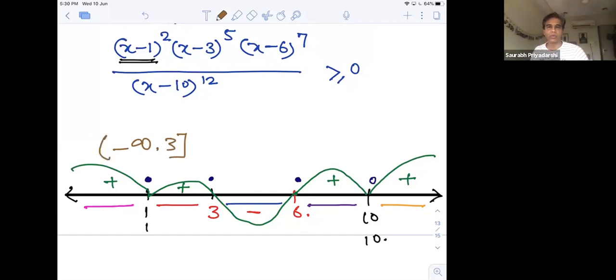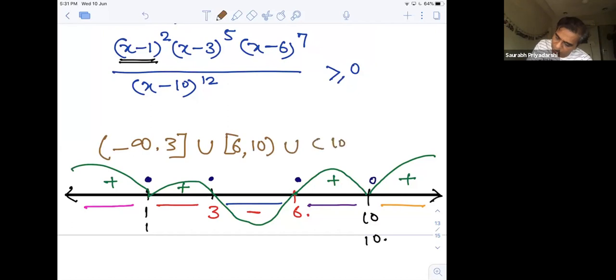Since 1 is included in both cases, why write up to 1 separately? Directly write from minus infinity to 3, right? Union, it starts from 6 to 10 and 10 to infinity. This time you have to write 10, why? Because 10 is open.